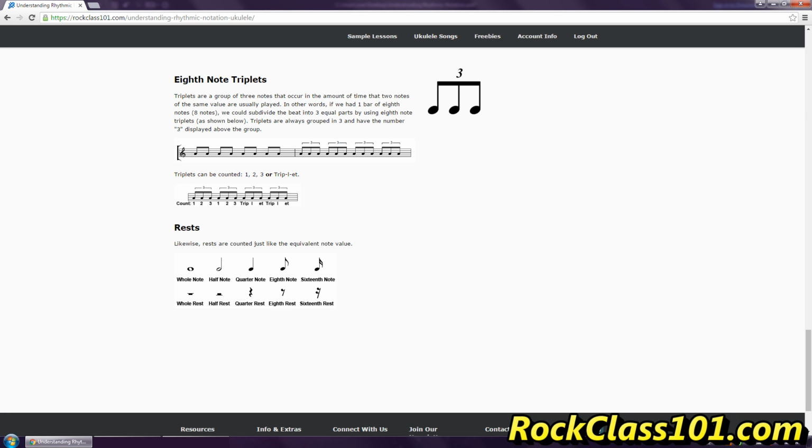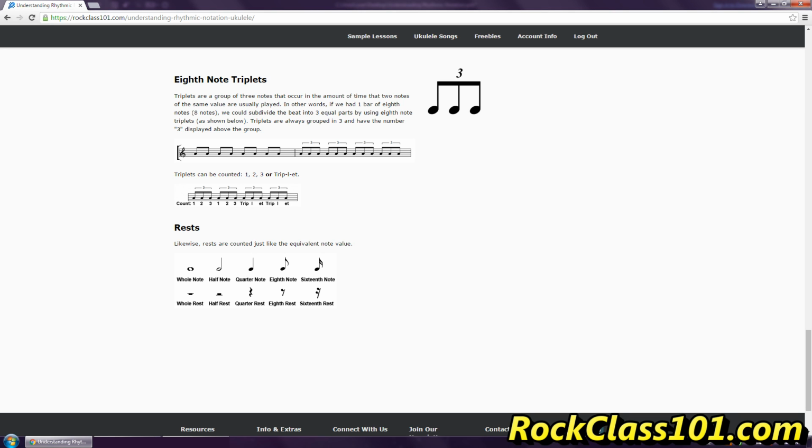If I was to count eighth notes, I have 1 and 2 and 3 and 4 and, and if I count triplets, I have triplet, triplet, triplet, triplet, right? So I'm fitting 3 into that same time slot. It's fitting 3 notes into the same amount of time that it would usually take 2 notes to complete.